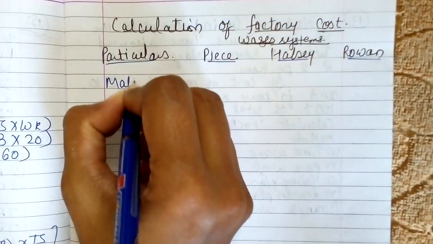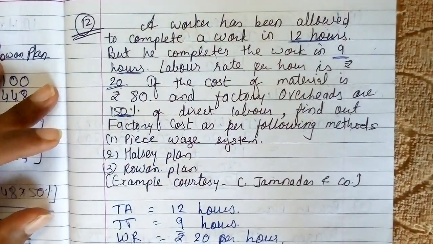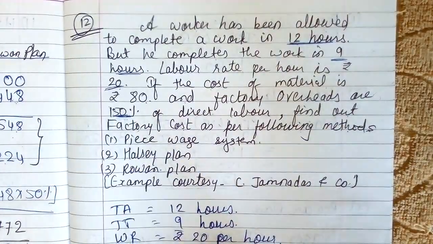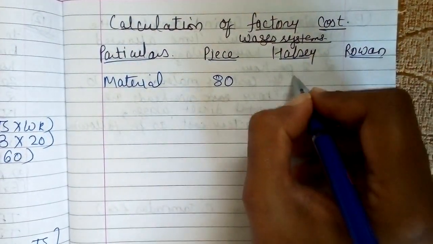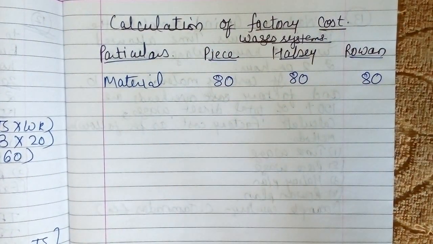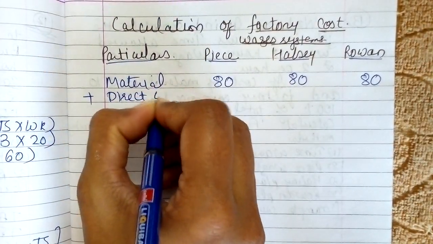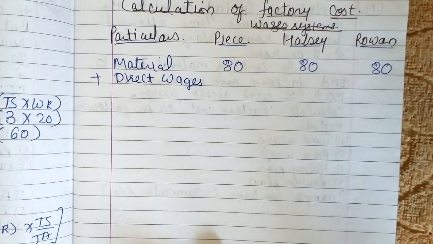Starting with cost of material, which was given in the example. The cost of material is rupees 80. So as per piece wage 80, as per Halsey 80 and as per Rowan also 80. Now adding direct wages or direct labor, both are same.